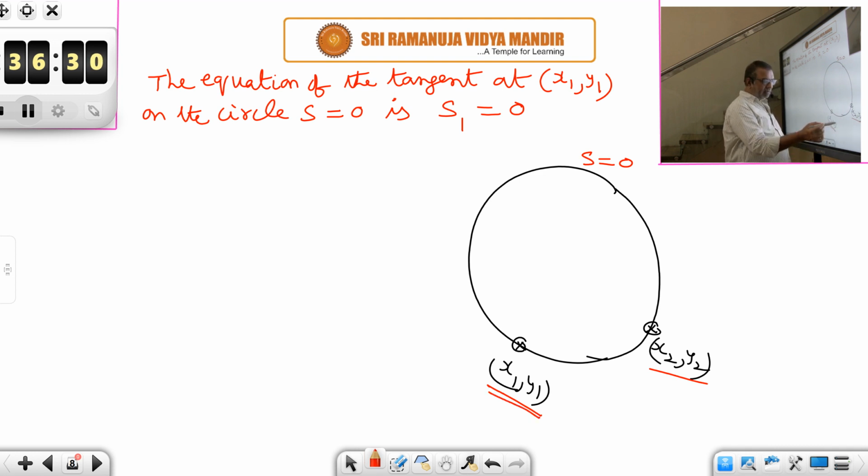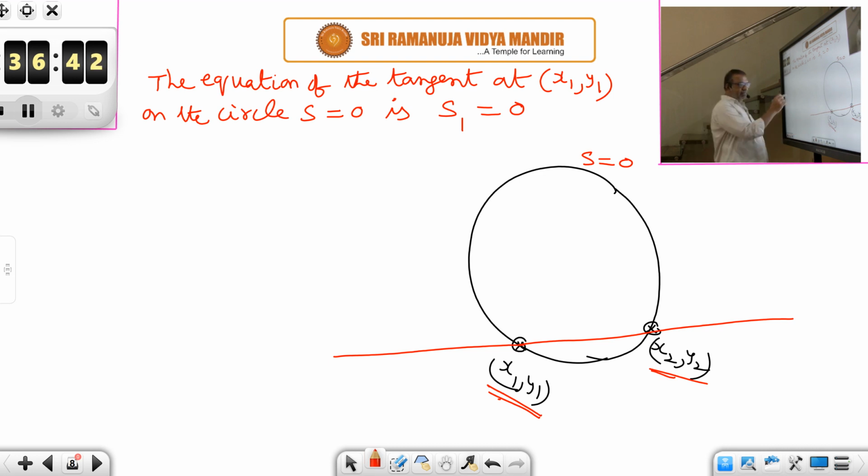Take a different point other than x1, y1, but very near to x1, y1 on the circle. Join them. You will get a straight line. That is called chord. What is its equation? As we have proved earlier, it is s1 plus s2 is equal to s12. This is the chord joining the points x1, y1 and x2, y2.